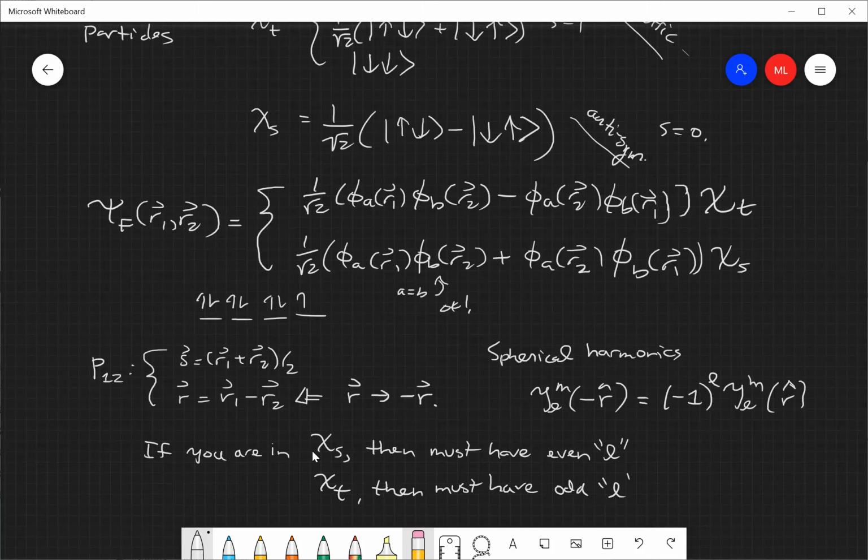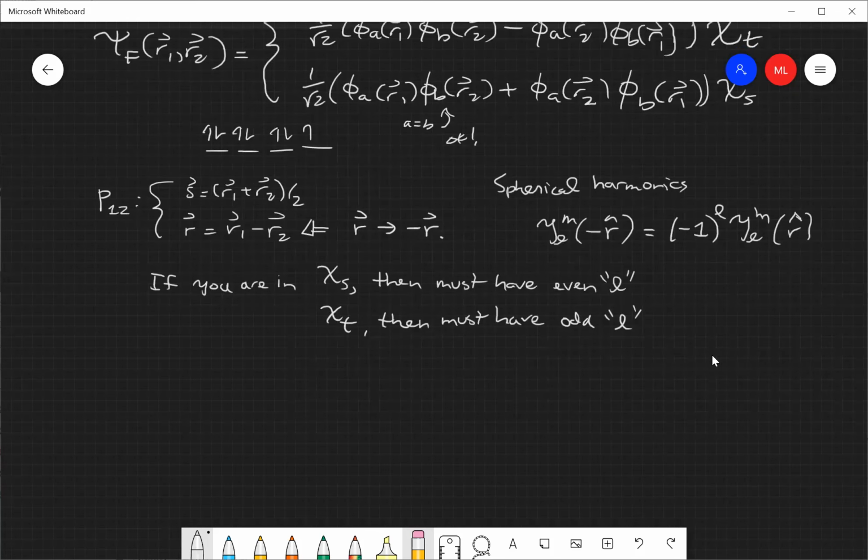So if you have a spin triplet, then you must have odd L. And that's pretty powerful. It's a powerful constraint on the angular momentum of two identical particles. You can actually see that in spectroscopy. I'll talk about that in a bit.